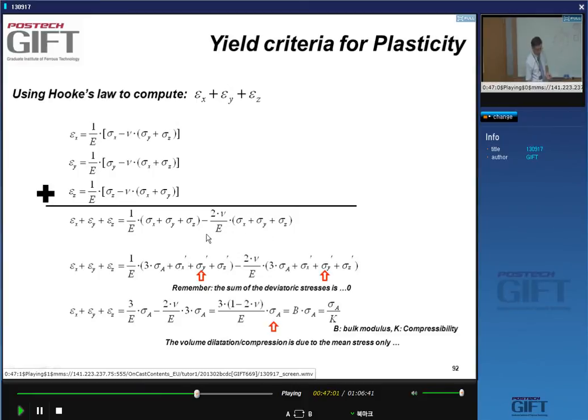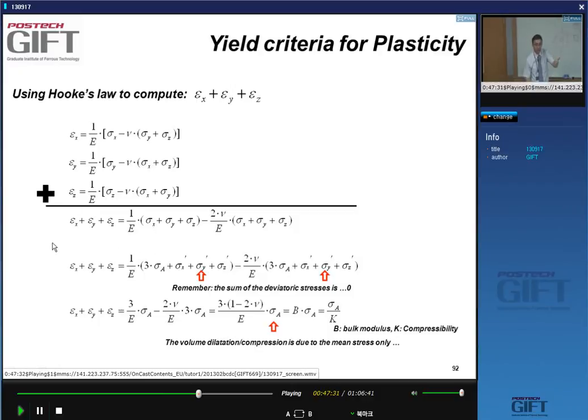So we now do one more step. We are going to make use of deviatoric stresses. And so when I do this, I replace sigma x by sigma a plus sigma x prime.